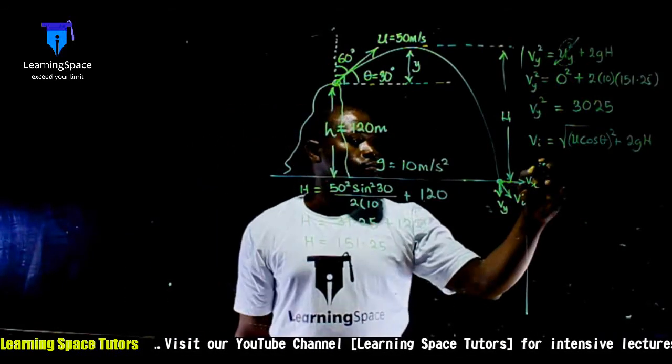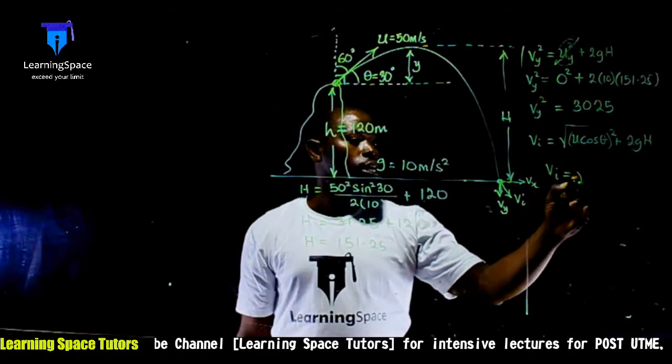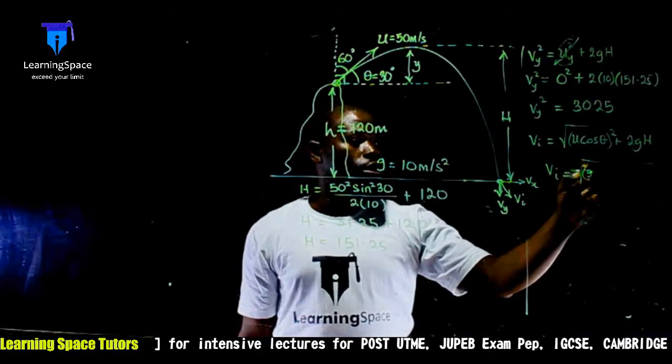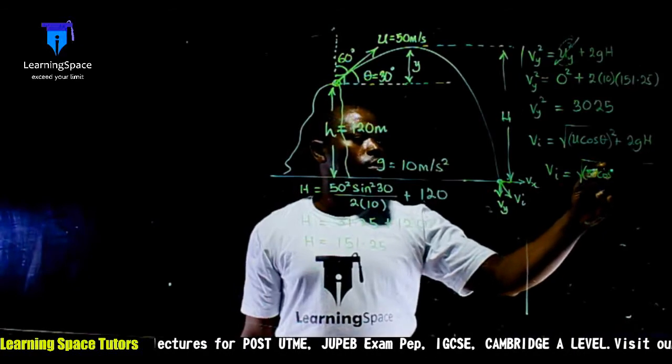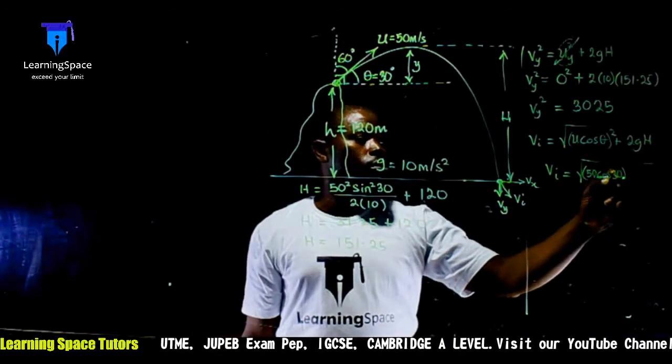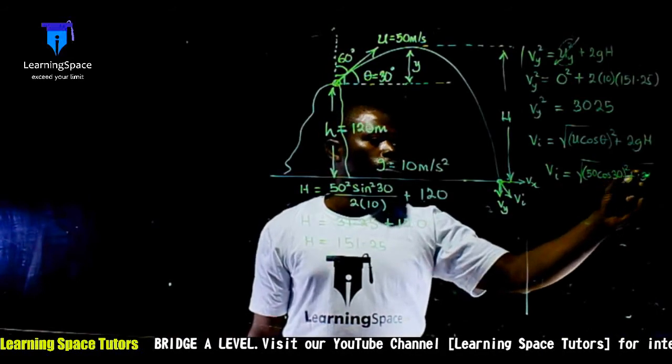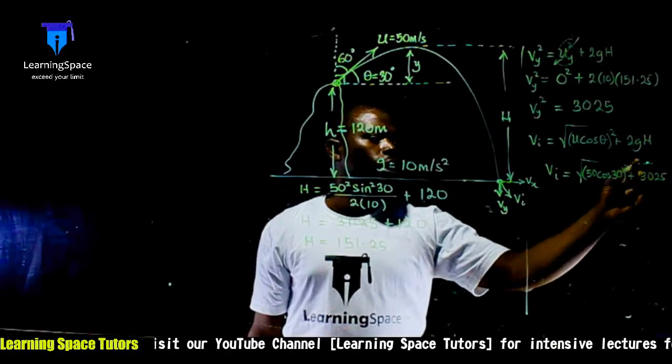So the velocity at impact is simply (50 cos 30 degrees) all squared plus 2gh, which is 3025.